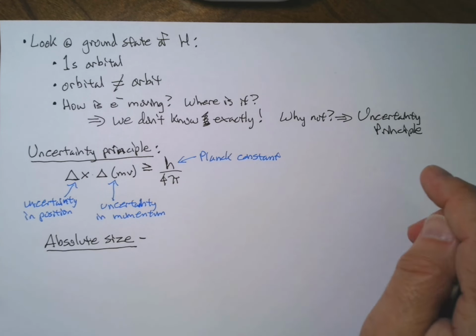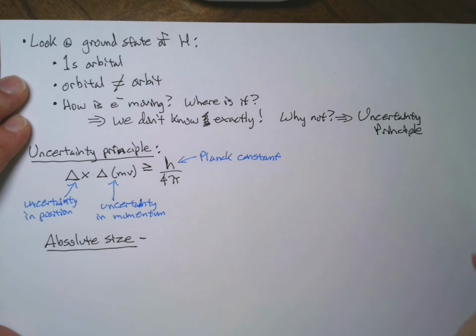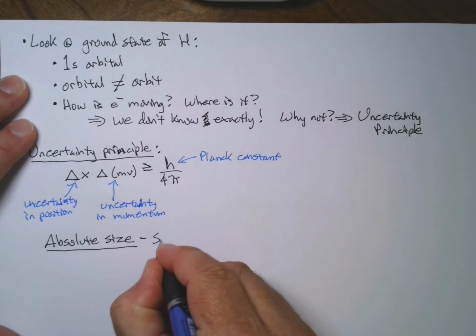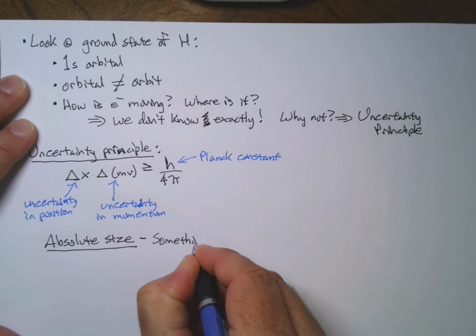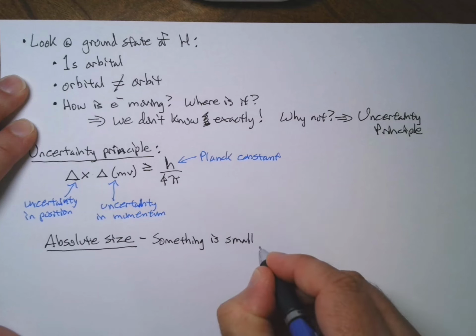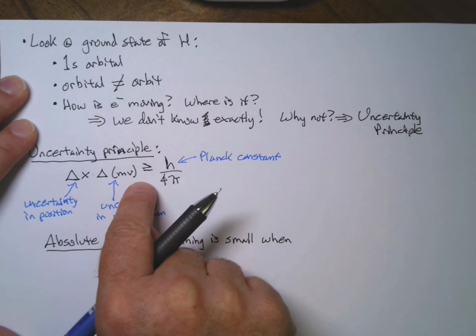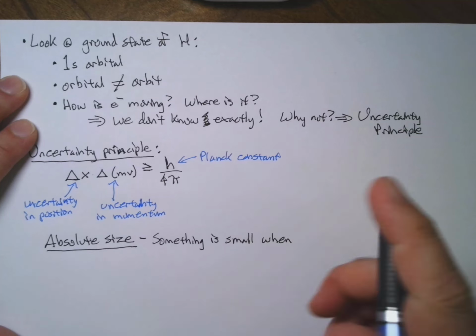Now there is an absolute size scale, and we can say that something is small when the minimum uncertainty with which we can measure its position or momentum is approximately the same size as the thing itself.